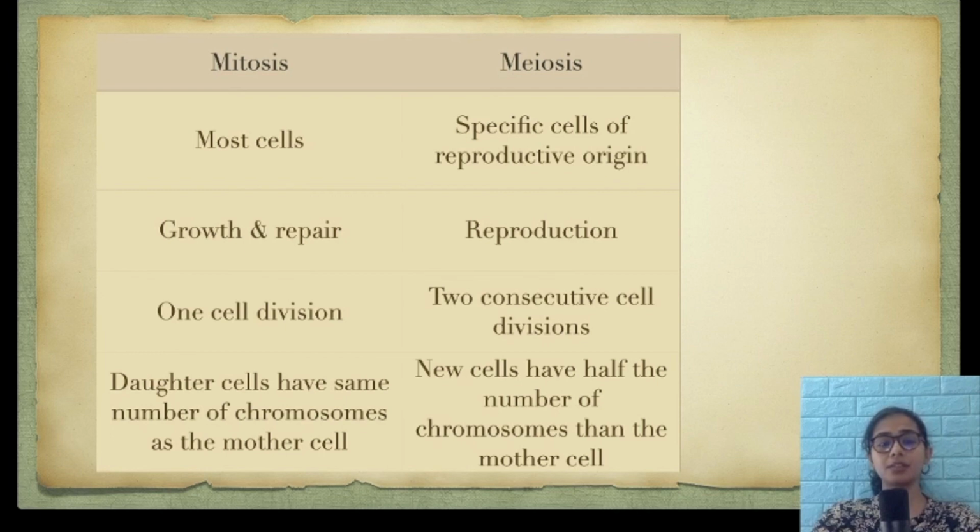Then mitosis includes only one cell division, whereas meiosis has two consecutive cell divisions. Then in mitosis, the daughter cells have the same number of chromosomes as that of the mother cell, and in meiosis, the new cells have half the number of chromosomes of the mother cell, right? So that was about mitosis and meiosis.